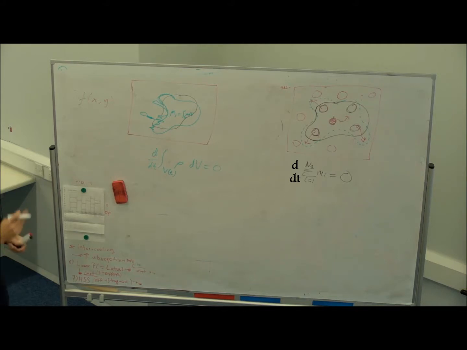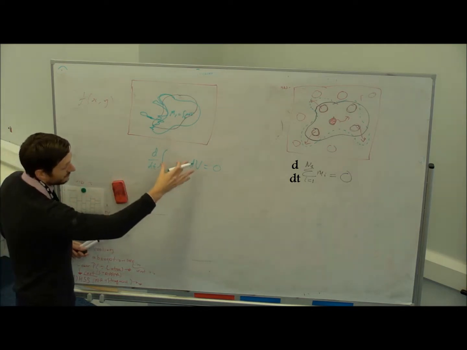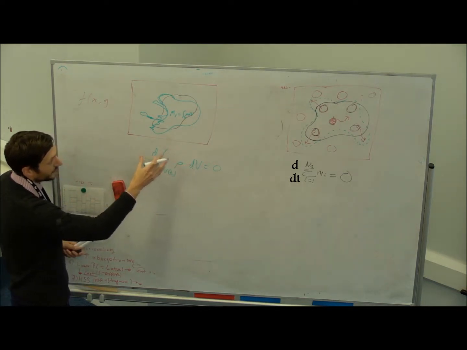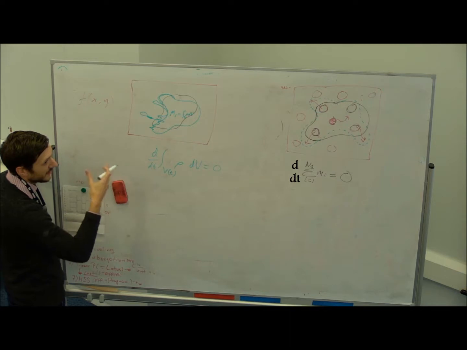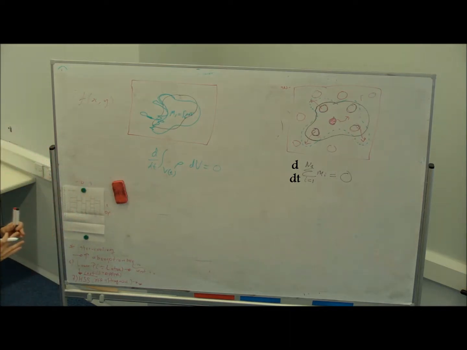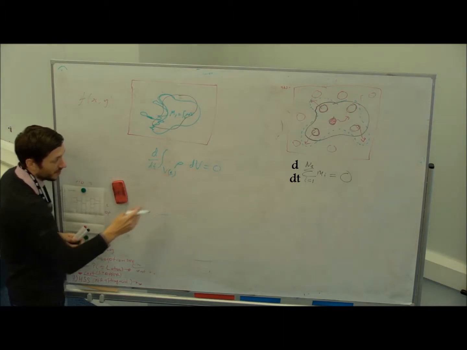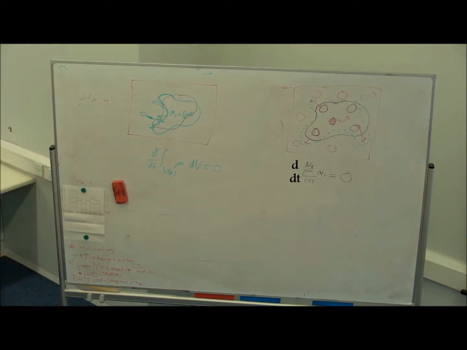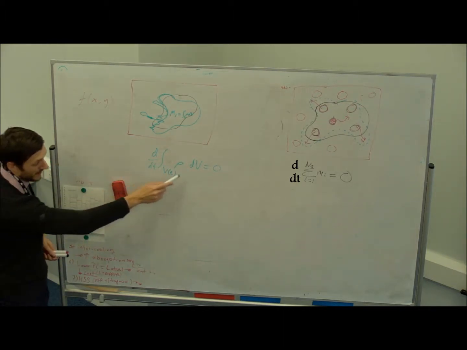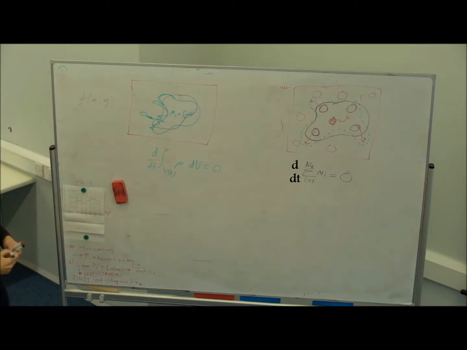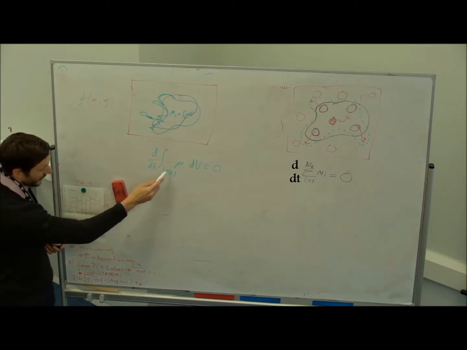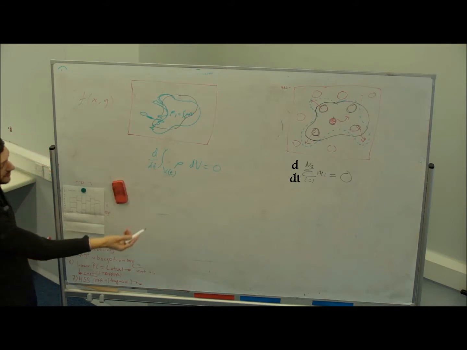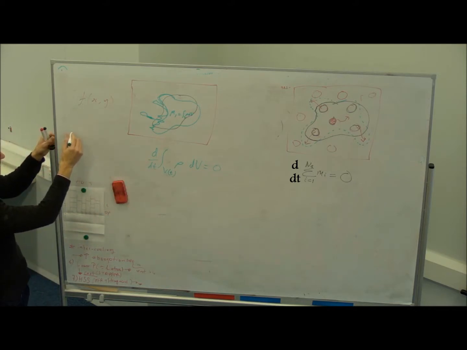So what we do instead is we re-express this system as a fixed volume in space where we watch what goes through. So this is the idea of going from this Lagrangian reference frame to an Eulerian reference frame. Mathematically, what we're going to do is expand out this expression. If you acknowledge the fact that the integral itself is a function of time, you can think of this like the chain rule.